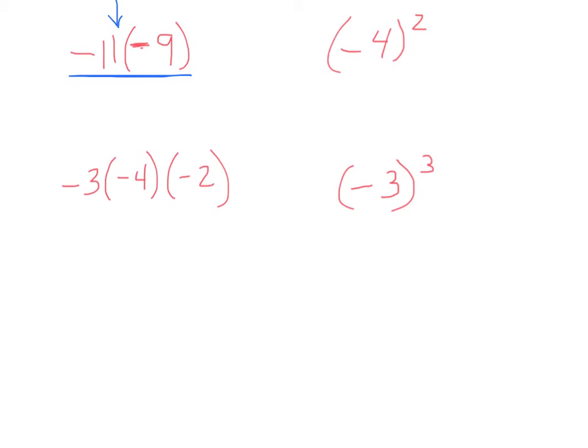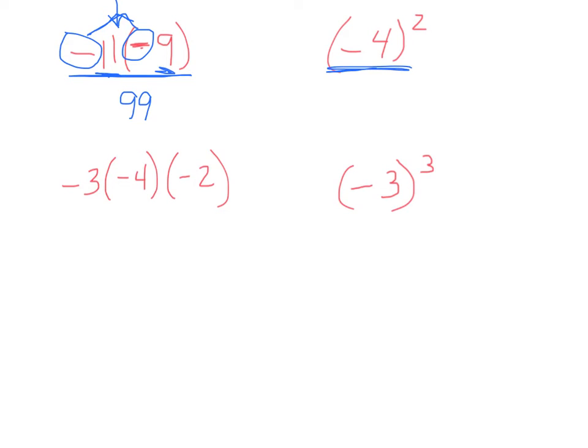When I solve this, I notice there's a negative, and I know when I multiply two integers with the same sign, the answer is always going to be positive. So I know 11 times 9 is 99, and it's positive because I have two of the same sign.